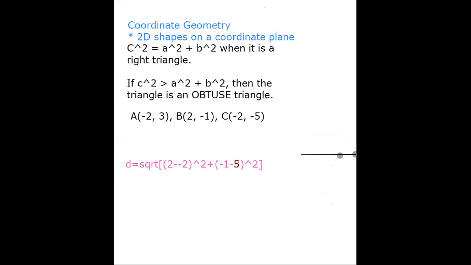So we're going to do second square root, left parenthesis, 2 minus -2, parenthesis, up arrow 2, directional pad to the right, plus, left parenthesis, -1, -5, right parenthesis, up arrow 2, enter.